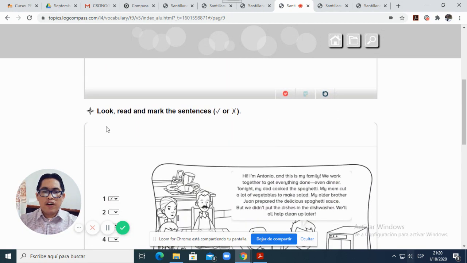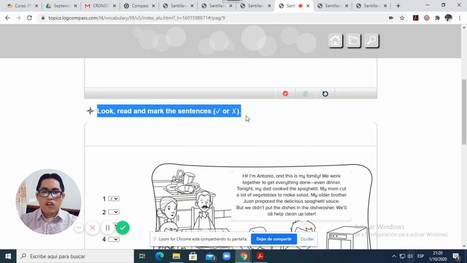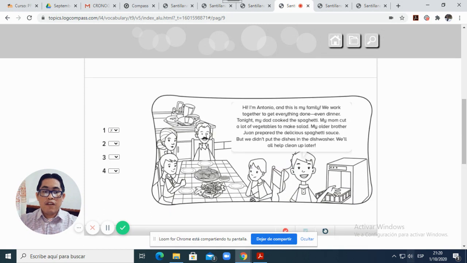Now in the next part, it says, look, read, and mark the sentences. We will mark check or cross. For example, number 1 says cross. Why? It says here, hi, I'm Antonio and this is my family. We work together to get everything done, even dinner. Tonight my dad cooked the spaghetti.